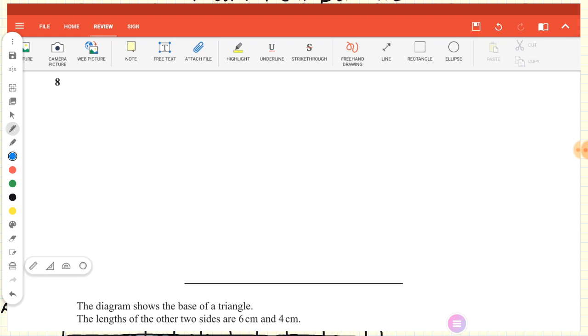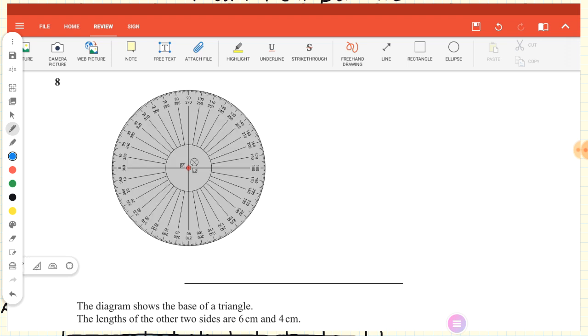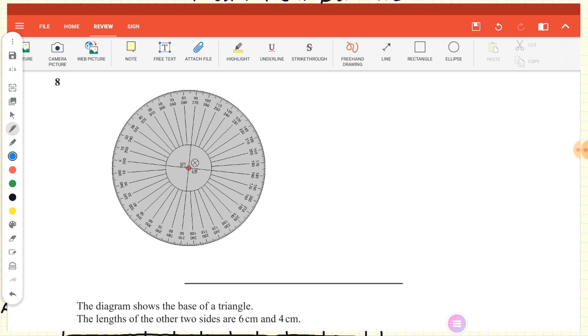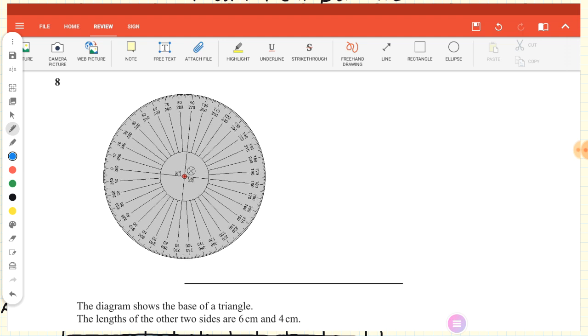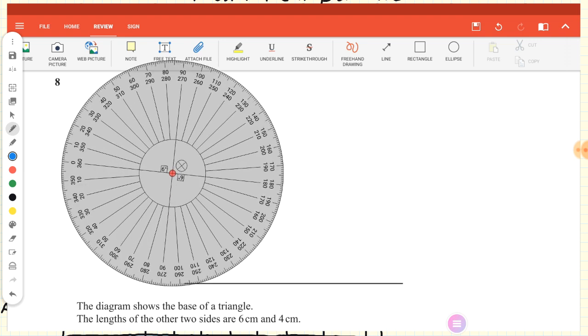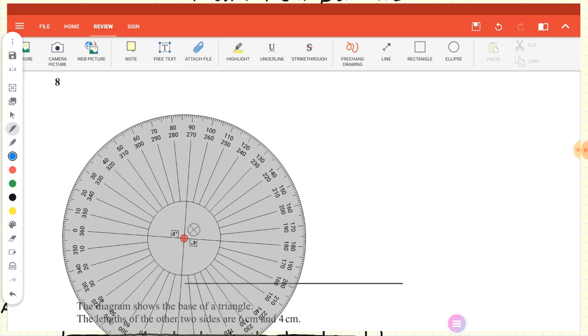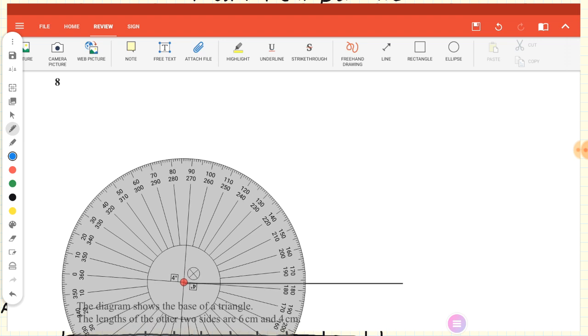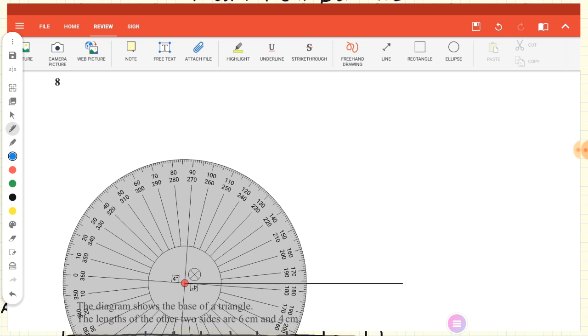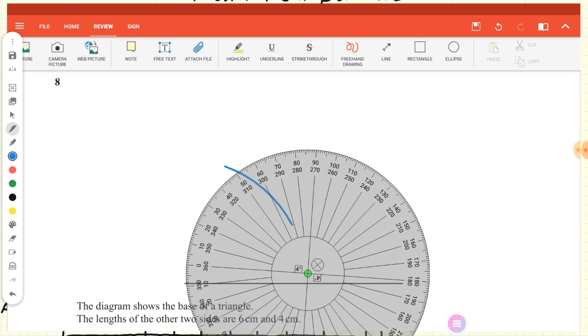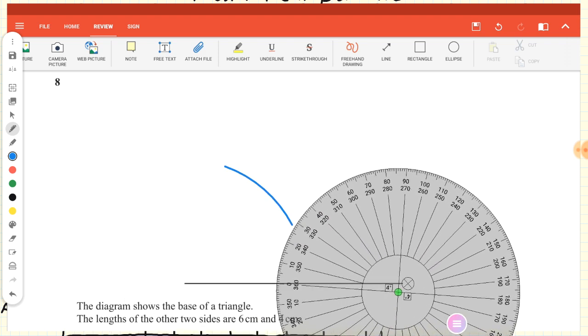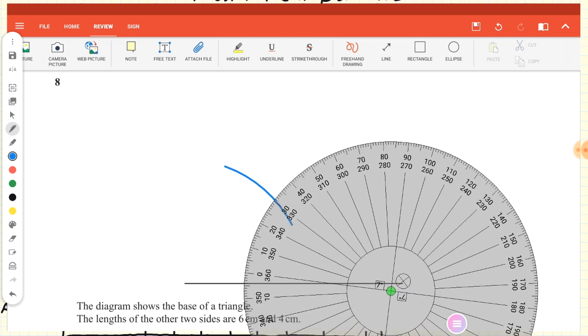to allow me to use the compasses. I will open the compass to 6 and 4. Let's say this is 4 centimeters, so I'll draw an arc over the base and draw one with 6 centimeters.